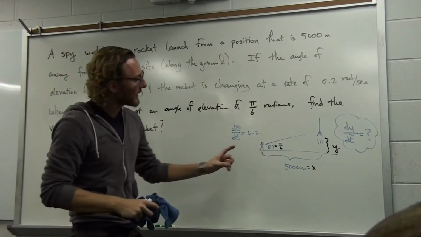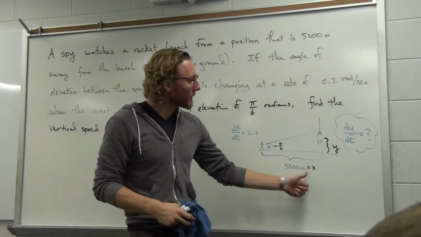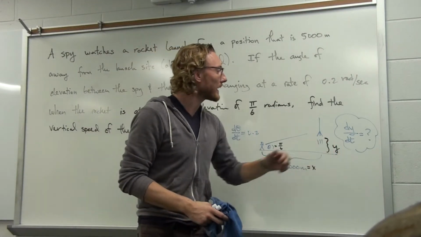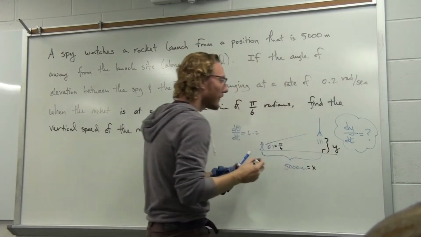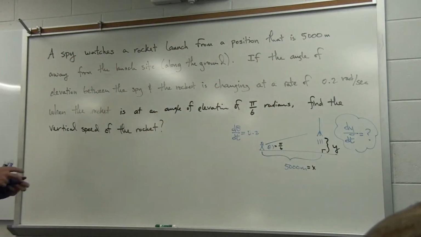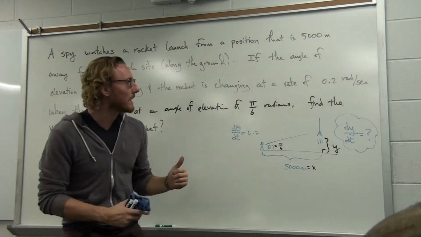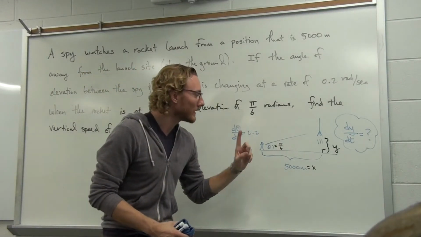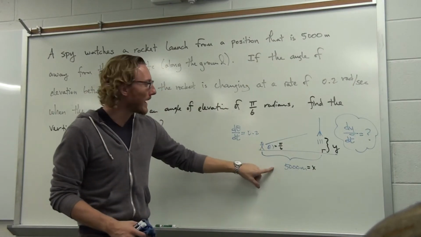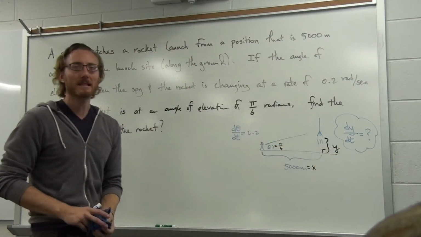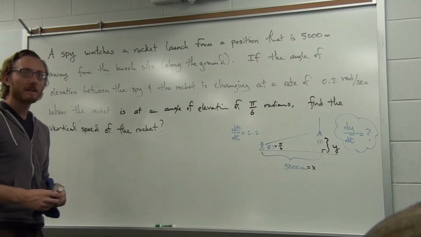We've got information about angle, we've got information about horizontal distance, and we've got information about vertical distance. In particular, since the horizontal and the vertical meet at a 90-degree angle, do we have a way to relate an angle to an x and a y? Do we have a way to relate an angle to an adjacent side and an opposite side in a right triangle?